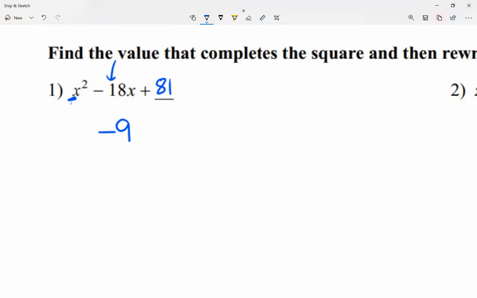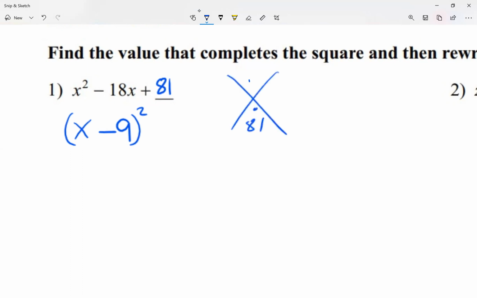The reason we call it completing the square is that if I were to give you the quadratic x squared minus 18x plus 81 and ask you to factor it, I would end up getting (x minus 9) squared. If you wonder where that comes from, think of two numbers that multiplied equal 81 and added equal negative 18.